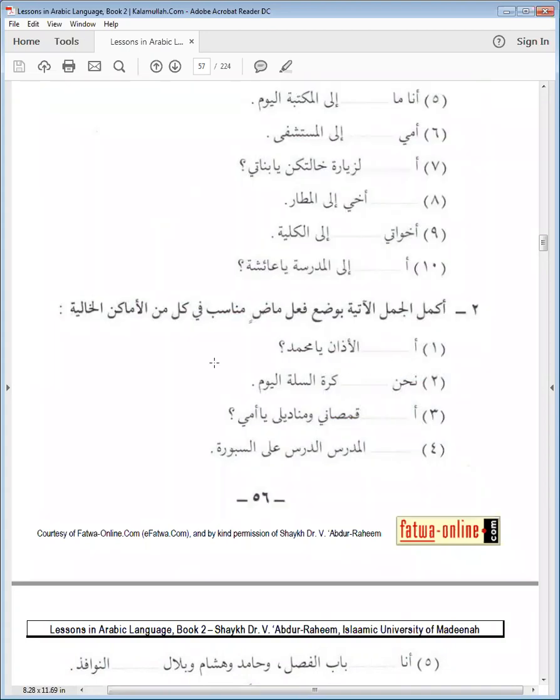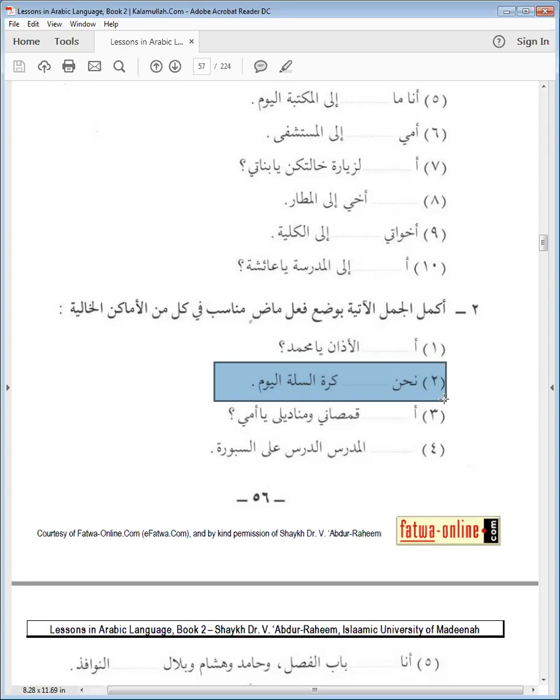Next one, we have nahnu something kurata sallah al-yawm. So kurat as-sallah is what? Basketball or football? Anybody? You have kurat al-qadam and kurat as-sallah. Which one is football?